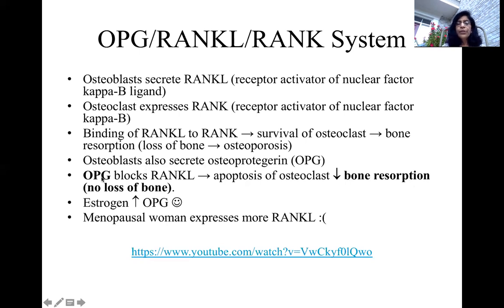Whenever you have OPG, RANK ligand function is lifted and cell survival of osteoclast is limited, and therefore there is less bone resorption. So the fine balance is now bone synthesis is greater than the bone resorption, okay? So no loss of bone, and that would be resulting in healthy bone, in other words.